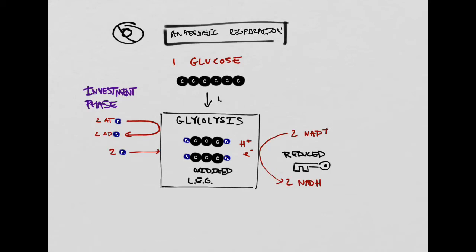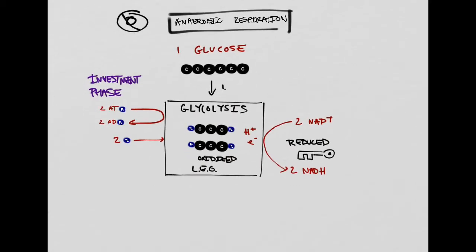But the key here, you should know, is that this NAD+ comes in, it's reduced, meaning it takes electrons and hydrogen from the glucose molecule, or it's not glucose anymore, it's been split. And then these 2 3-carbon molecules are oxidized. And this is critical in the process of anaerobic respiration.